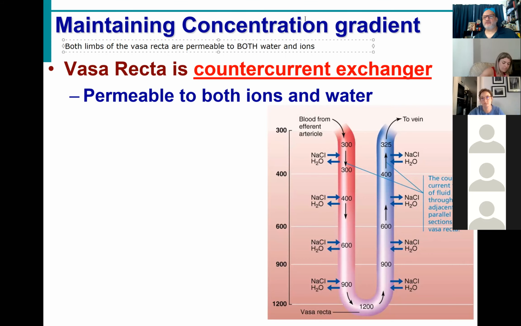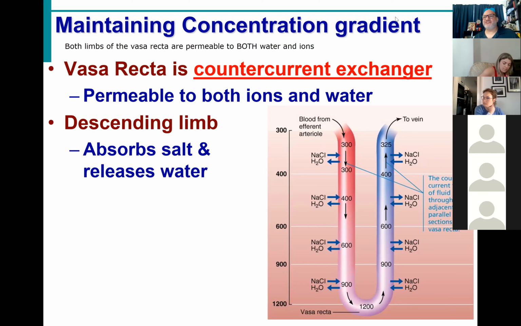So then notice what happens as the blood travels down and up the vasa recta. As it travels down the vasa recta, it is going into deeper and deeper parts. And as it's going into deeper parts with higher levels of osmolarity, our sodium and chloride are going to want to enter into it, and water is going to want to leave.